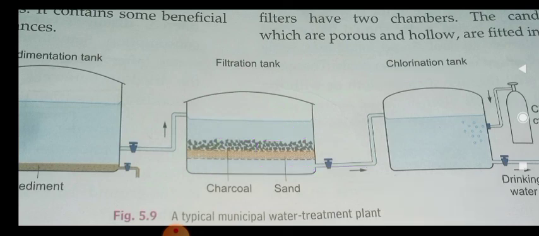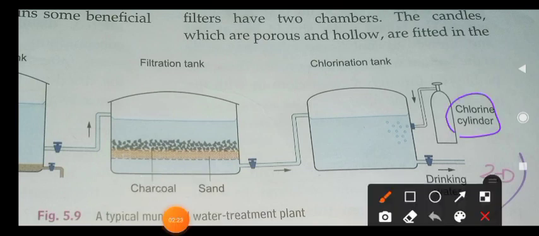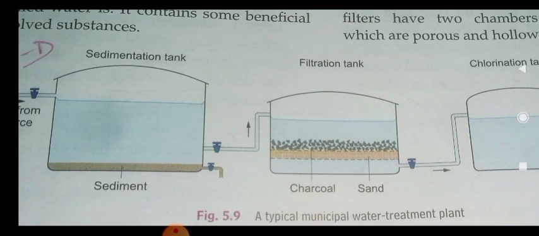The chlorine from the chlorine cylinder is supplied to the water, which kills the germs present in it, and after killing the germs, the water is sent to the houses through various pipes. Okay, children, this is how purification of water is done by the municipality.